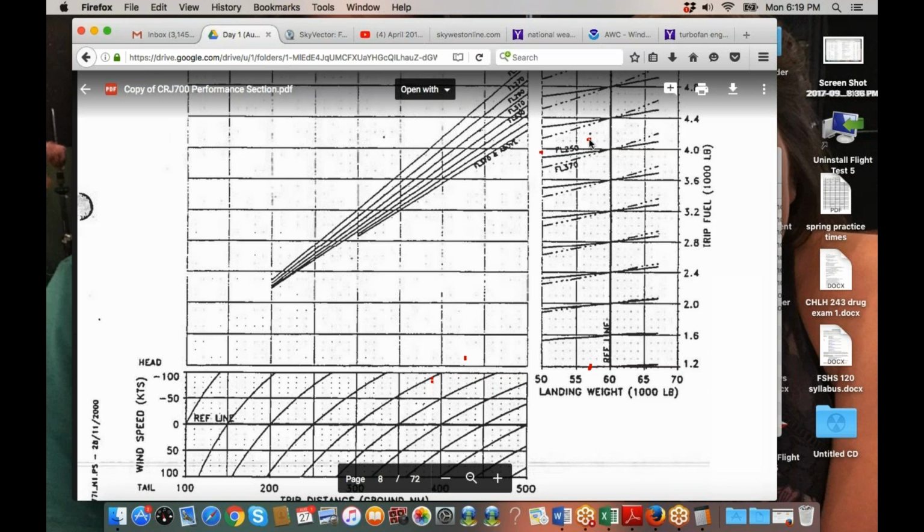And right there, because we're cooking down to here, we want this to match up with our landing weight. So if we just go straight across from there to about here, does everyone agree that's right about there?